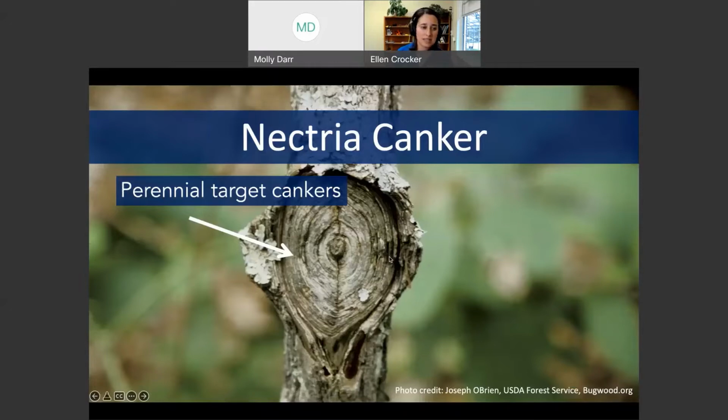And what you're seeing here is layers of wound response wood produced each year in response to the fungus that's there. So each year during dormancy, the fungus grows a little bit and damages the tree. And then after that, when the tree is actively growing, it's trying to seal that off and prevent that growth. And you have this kind of arms race that's going on for years and years, which is why you get this kind of target look. That's years of the tree trying to defend itself from that fungus.